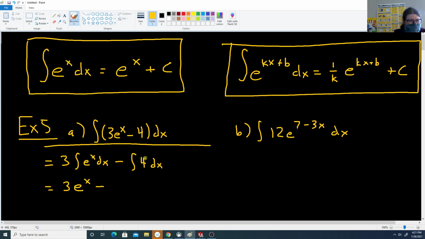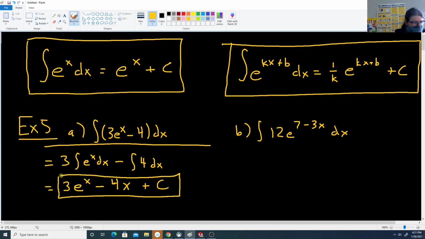And then minus, we think, okay, who has derivative 4? Well, 4x. When I take the derivative of 4x, that becomes 4. So the integral of 4 itself would go to 4x, and then we have to put a plus c after it. So that is that first one.